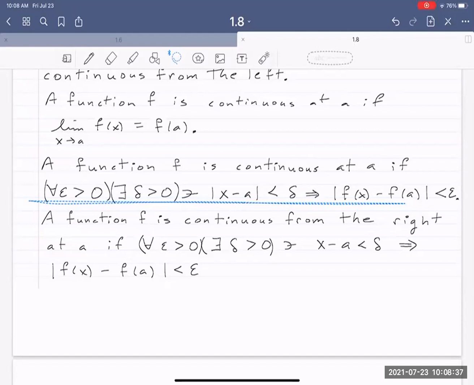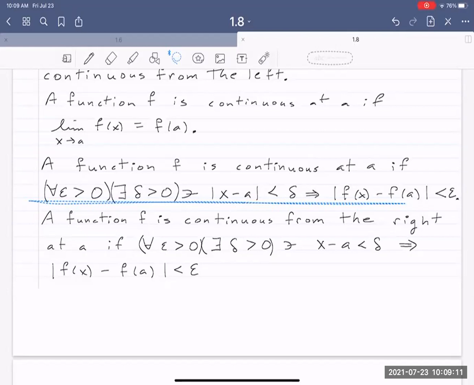Notice in this definition, since previously we didn't care what happened at a, as a matter of fact, we didn't want to know what happened at a, we had to say that x minus a in absolute value was greater than 0, so that x could not equal a. In this case, we want this limit to be equal to f of a at a.